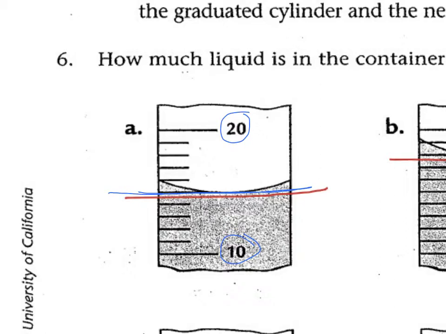The meniscus is the dip in the fluid that's caused by the attraction of the molecules to the side of the graduated cylinder, and so we measure at the bottom of the meniscus. This line right here that I've shown in green would be 10. This would be 10.1, 10.2, 10.3, 10.4, 10.5. So my answer for A is 10.5 mL or milliliter.